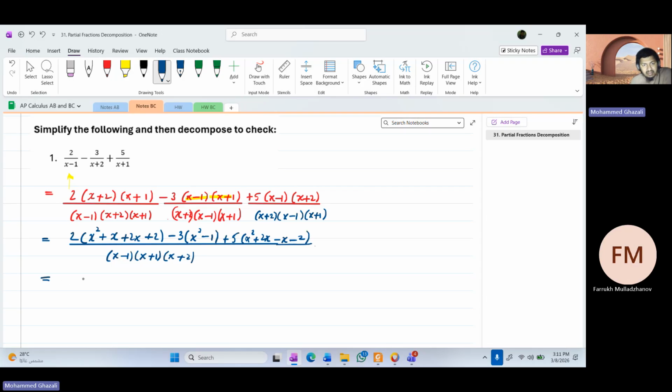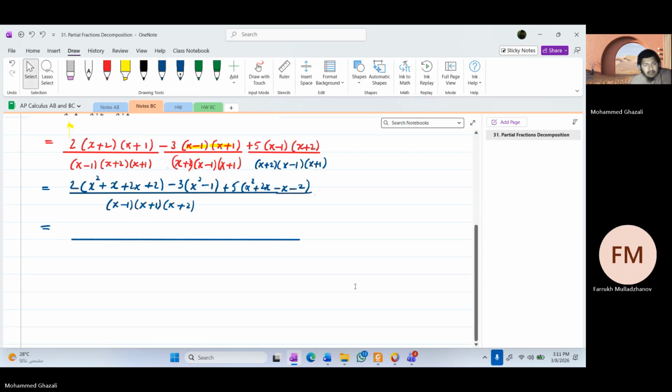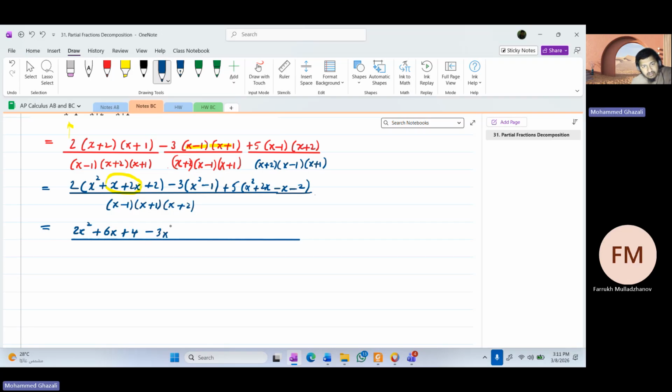Right. Now, we still have to simplify this. So remember, 2x plus x is 3x. So 2 times x squared is 2x squared plus 6x. How did we get 6x? Because that's 2 times 3x, plus 4, minus 3x squared plus 3.